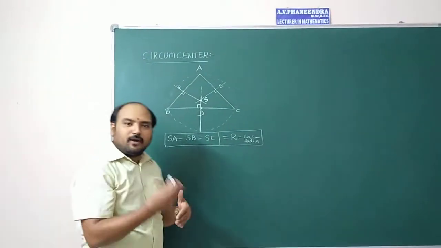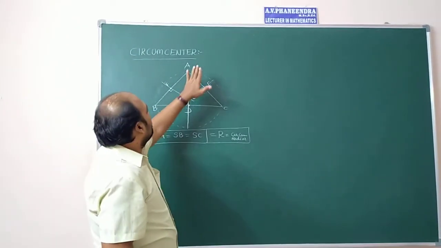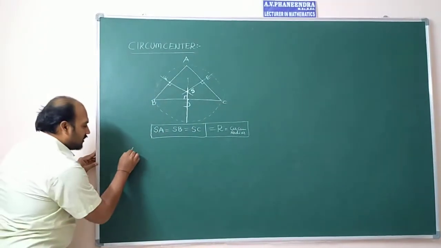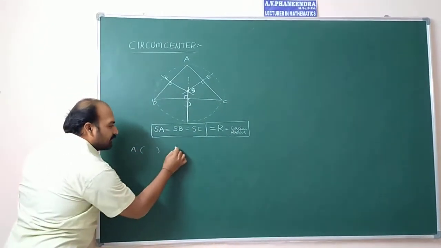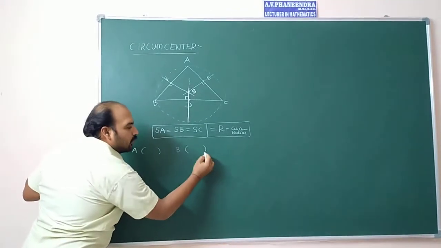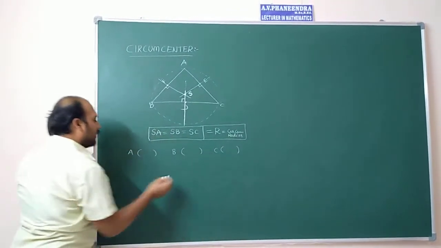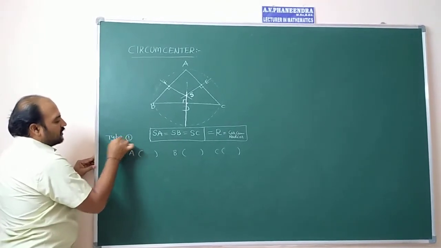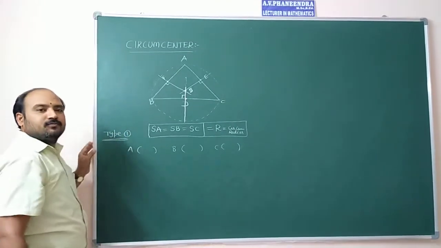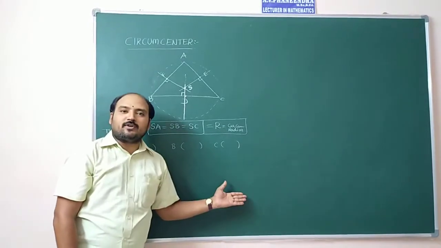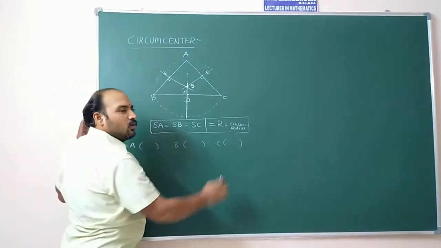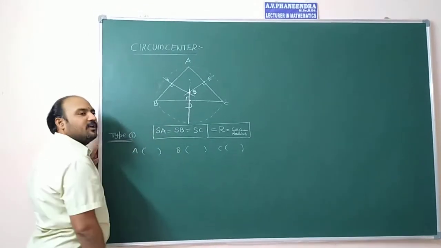How to find it when 3 points are given? Suppose A is one point, B is one point and C is another point. This is the type 1 question, calculating the circumcenter. In boards it is very important for 7 marks, when 3 points are given, how to calculate circumcenter of the triangle.